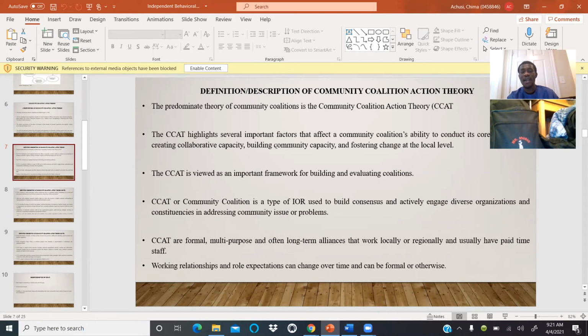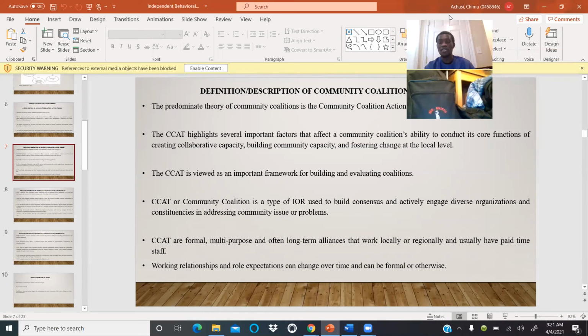The CCAT highlights several important factors that affect the community coalition's ability to conduct its core functions of creating collaborative capacity, building community capacity, and fostering change at the local level. The CCAT is viewed as an important framework for building and evaluating coalitions.